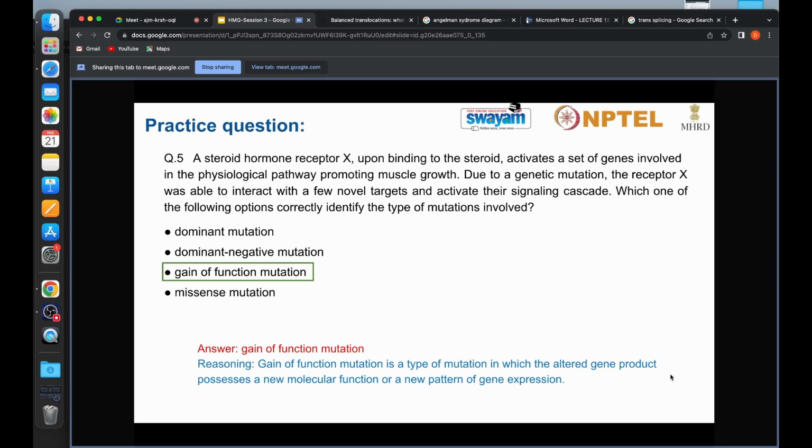So in this, the altered gene product possesses a new molecular function or a new pattern of gene expression. So that's why its correct answer was gain of function mutation, because here they have already mentioned that it is activating other set of genes. So that's why its correct option is gain of function.